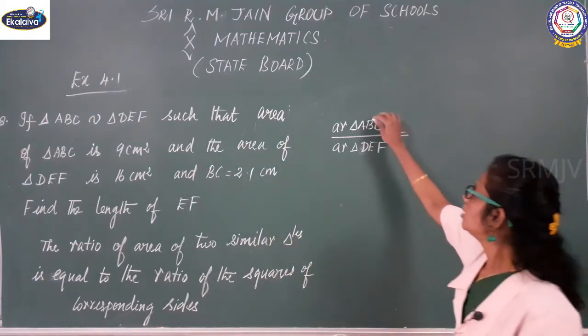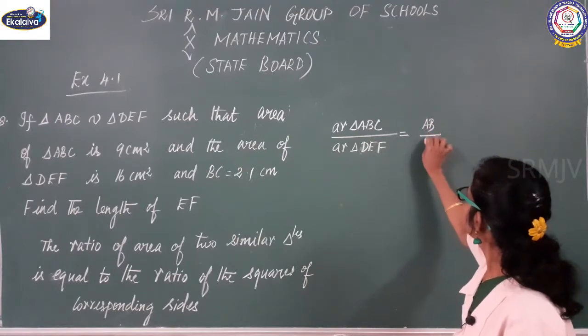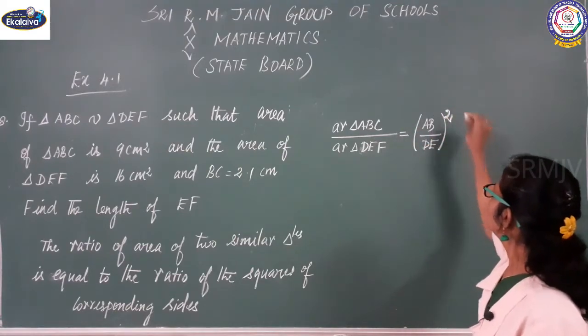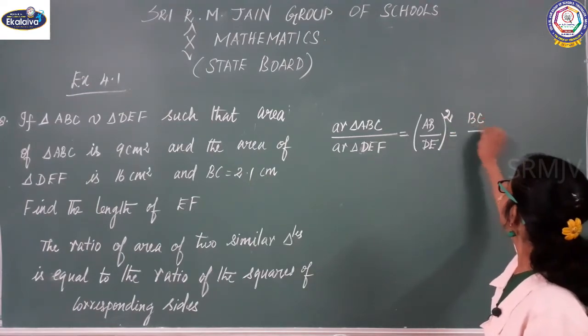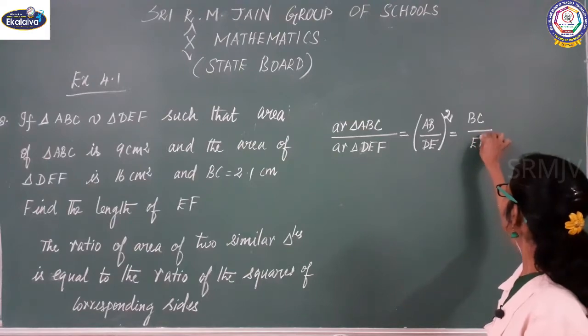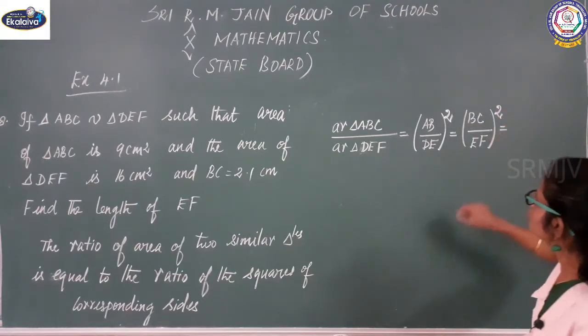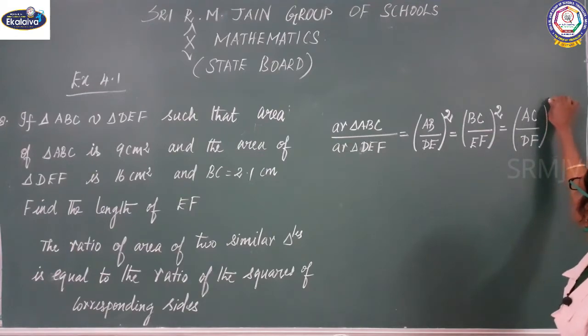That means how to write? AB divided by DE the whole square equal to BC divided by EF the whole square equal to AC divided by DF the whole square.